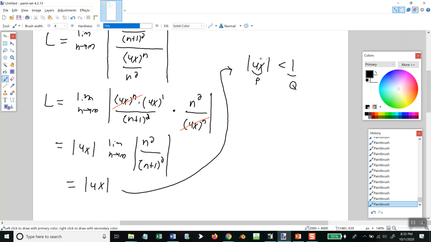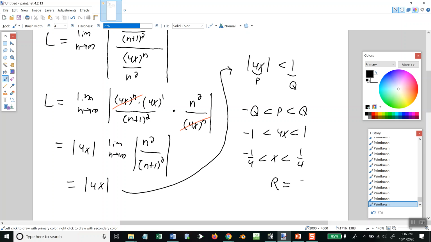This is our Q. P is always what's inside absolute value. Q is the other side. Our formula says negative Q is less than P is less than positive Q. So if I plug those in, I'd have negative 1 is less than 4x is less than positive 1. Divide everything by 4, and I get negative 1/4 is less than x is less than positive 1/4.